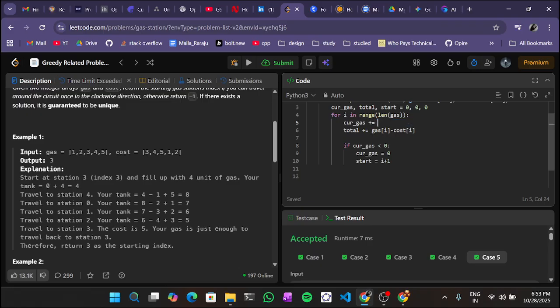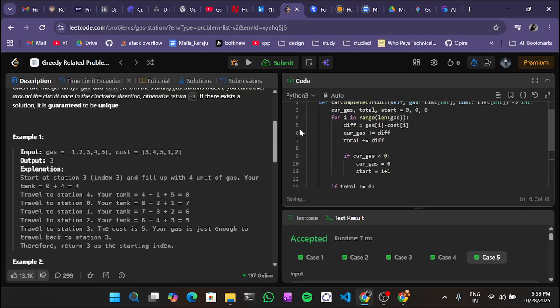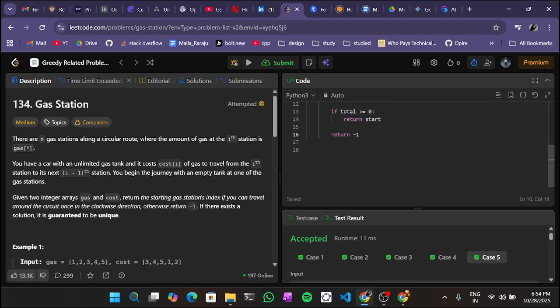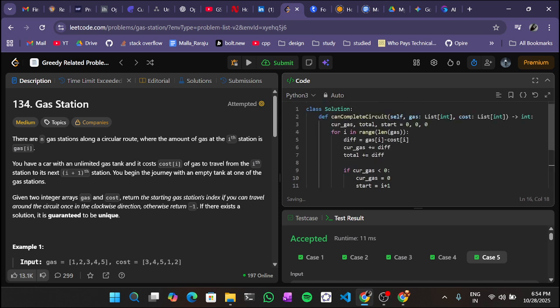Nah, let's keep it as a difference. If total is greater than or equal to 0, return the start, else return -1. Let's submit this.